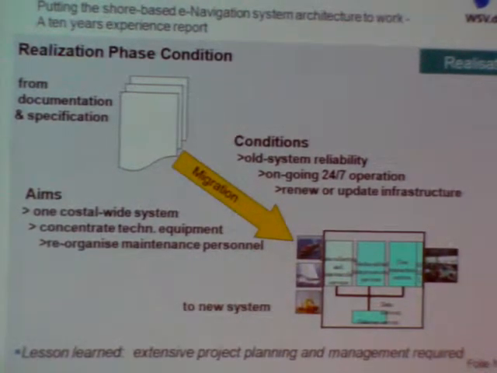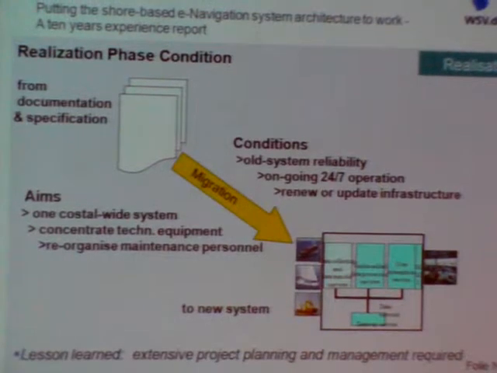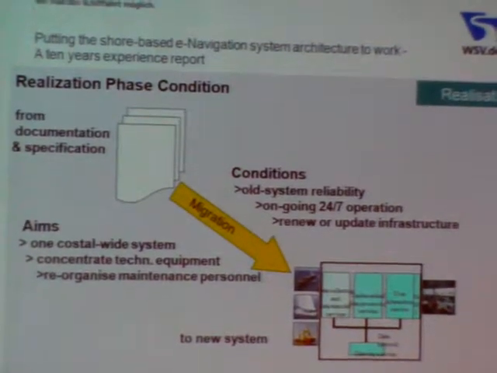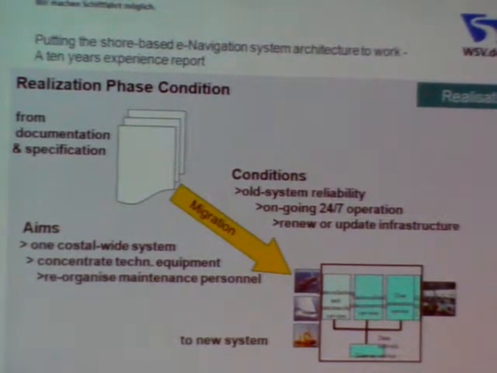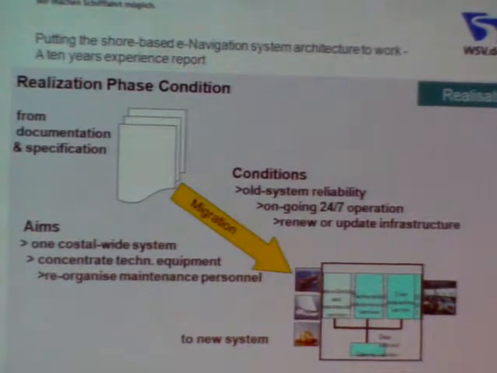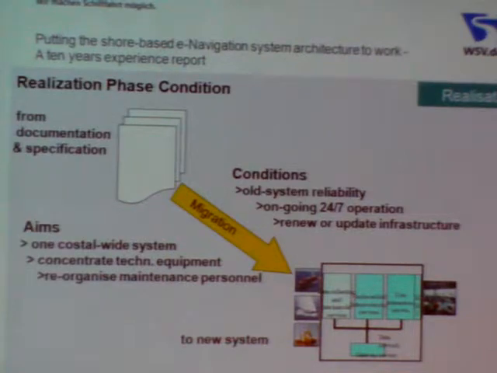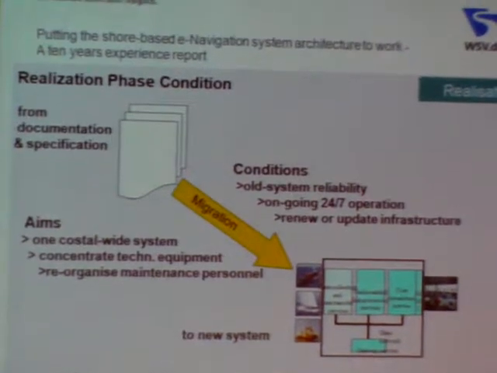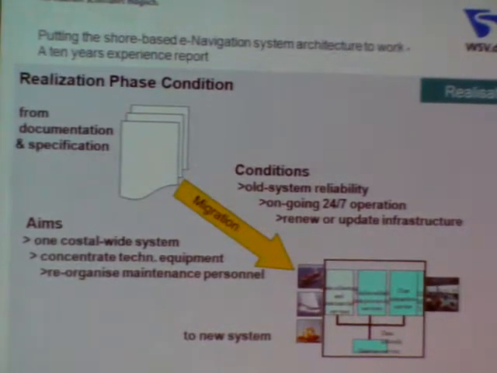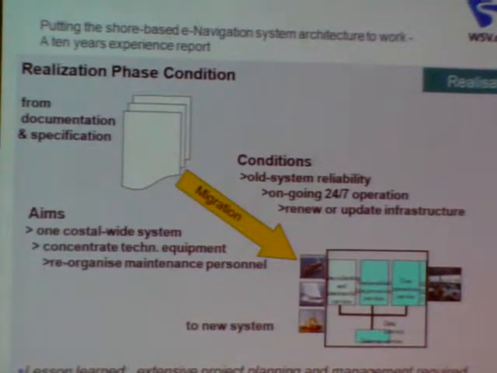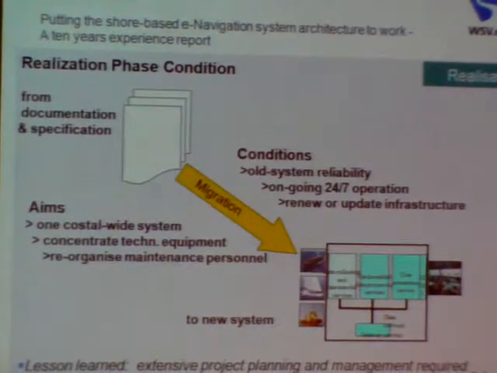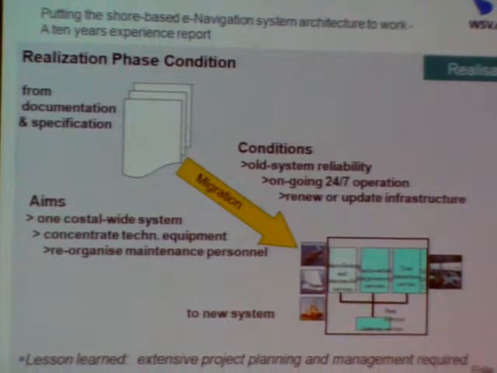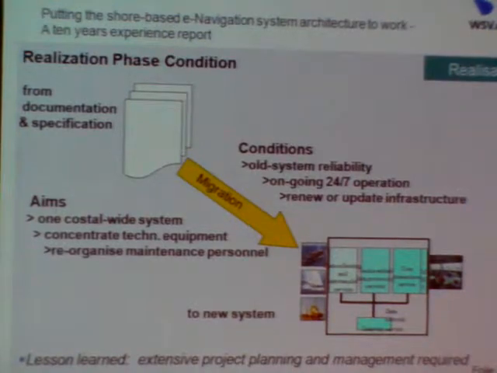We had to do an ongoing 24-hour, 7 days a week operation, and we had to renew quite a bit of our infrastructure as well. We call this movement from the existing system to the new one migration. Lesson learned, okay, with this project, having a coastal-wide system, you need extensive project planning and management.